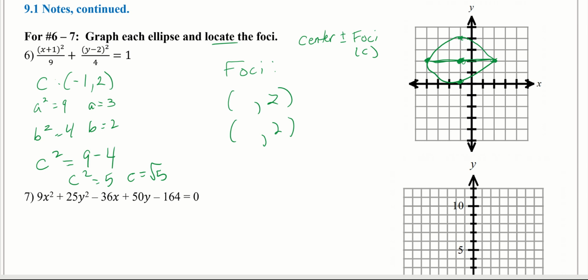So we go -1 plus the c value, plus √5, and then our center -1 minus √5. Okay. And even though that's not a super pretty answer, it's totally fine. We don't want a decimal, we want an exact value. So that would be the equation for your foci. Okay, so that would be as far as we need to go.